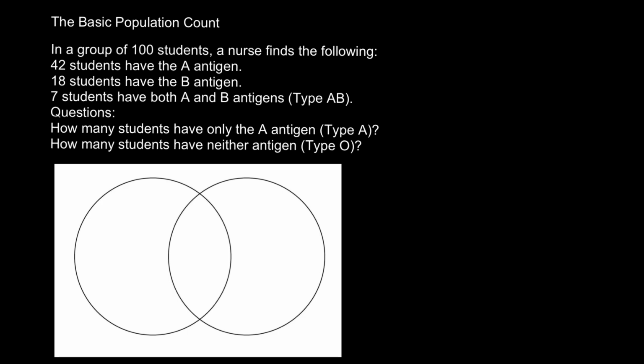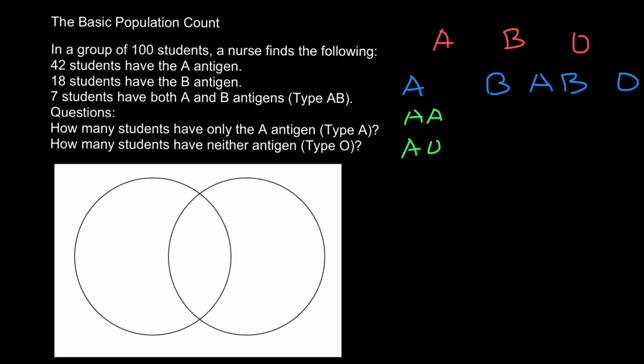Let me remind you that in the ABO blood group system we have three antigens: antigen A, B, and O. Hence the name ABO blood group system. These three antigens may produce the following blood groups: blood group A, blood group B, blood group AB, and blood group O. Blood group A is made by two genotypes, AA and AO.